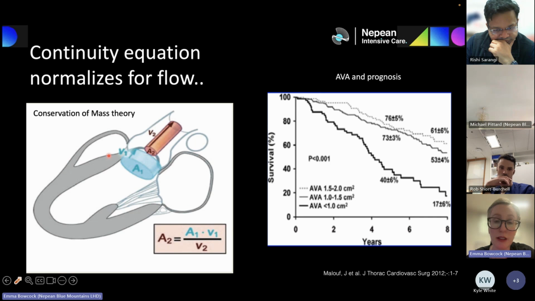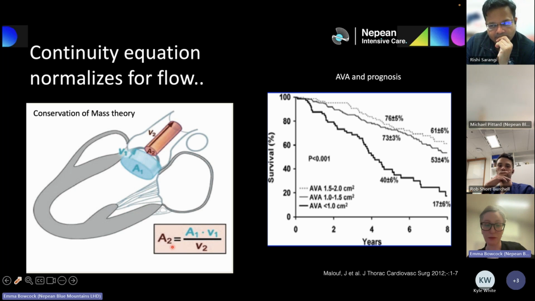So the way that we can try and normalize for flow is working out the aortic valve area. And this uses conservation of mass theory, which you'll be used to, I think, from going over valve stuff before, but we'll just talk through the basic principles. So we know what comes in must go out.